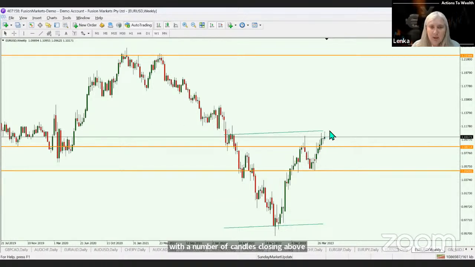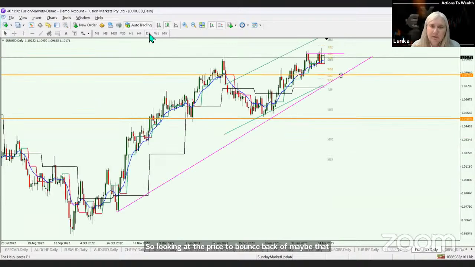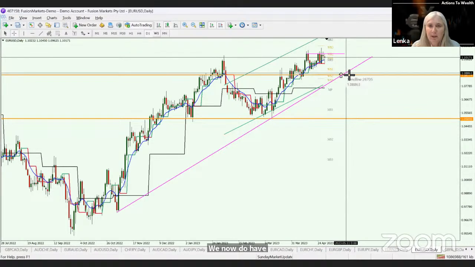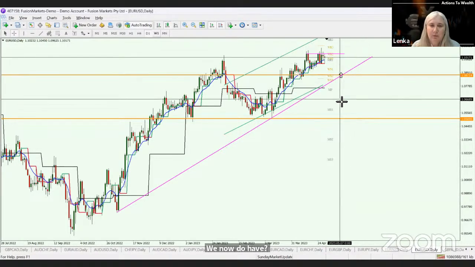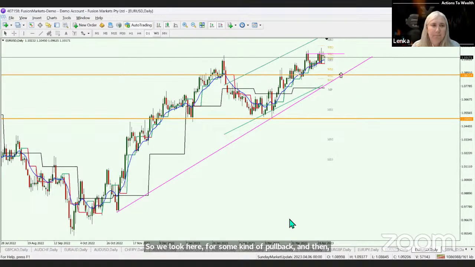So looking at the price to bounce back off maybe that level. So we have a low, a high, a high, low. We now do have a high there. So we're looking for some kind of pullback and then looking for long opportunities there.